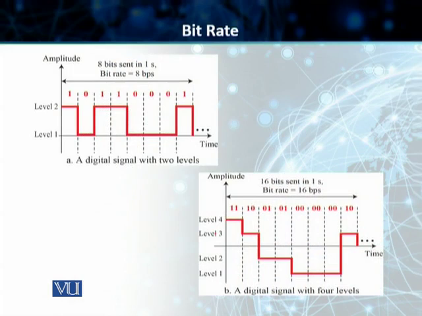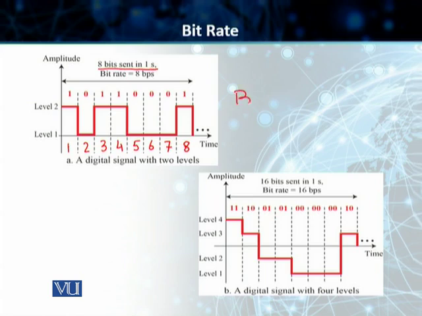As you can see, 2 levels in the first figure. In this digital signal, we are sending 8 bits in 1 second. 1, 2, 3, 4, 5, 6, 7, and 8. 8 bits are sent in 1 second.